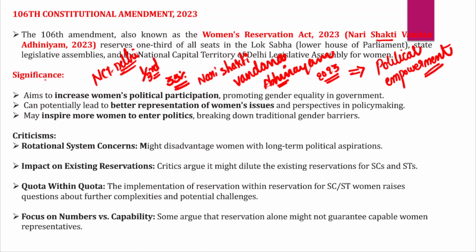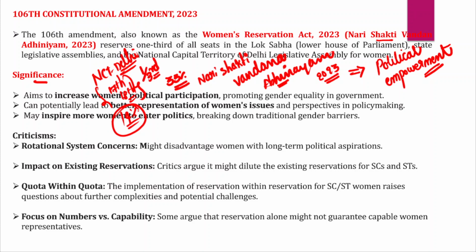Right? So what is the significance of the Nari Shakti Vandan Adhiniyam? It is very important for us to understand the significance. If you look at even the 17th Lok Sabha and 18th Lok Sabha, the participation of women is just 14% of the total members of the Lok Sabha.